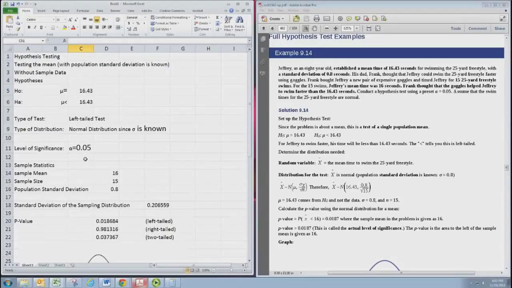Now, you could also do this same z-test for the mean where you were given sample data. And how would this differ? Let's take a look.